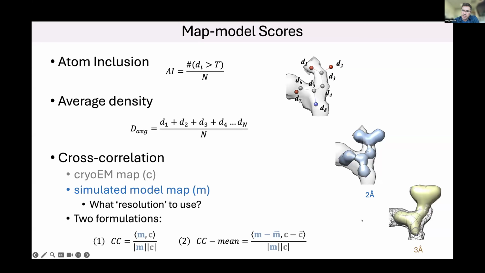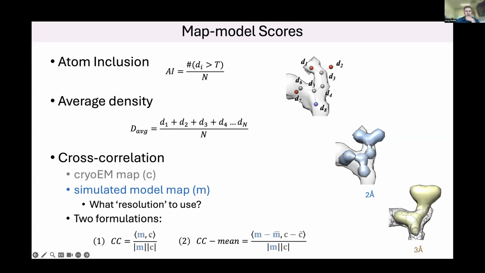For example, if you use 2 angstrom resolution, as we saw before, you might see well-defined atom contours. At something like 3 angstrom resolution, the atom contours are not quite as well resolved. Then to calculate cross correlation, we take the map values in your simulated map and correlate them against the map values at the same position for each atom in the Cryo-EM map.